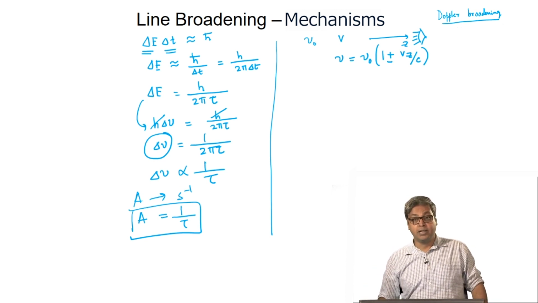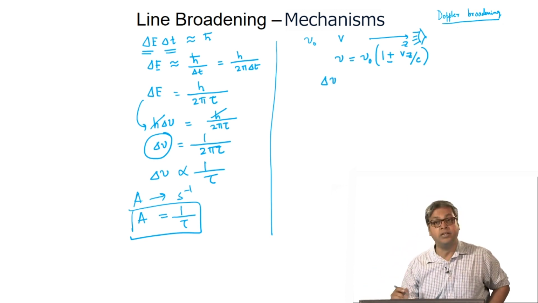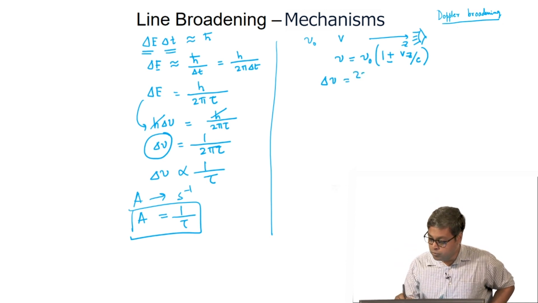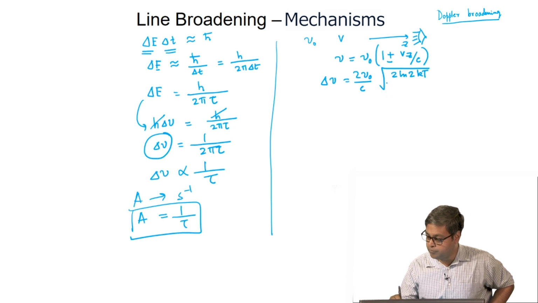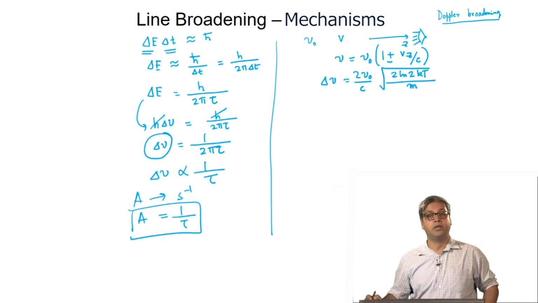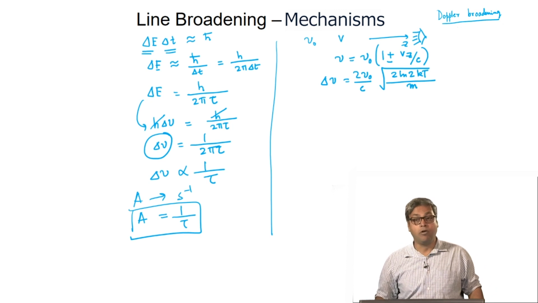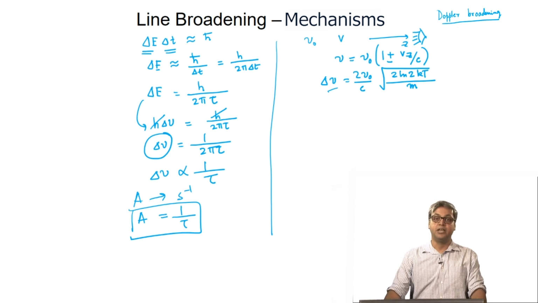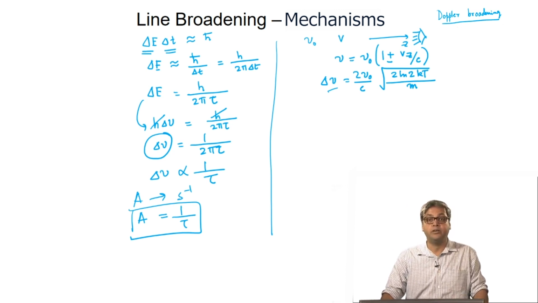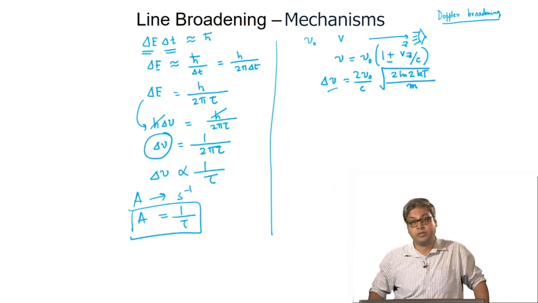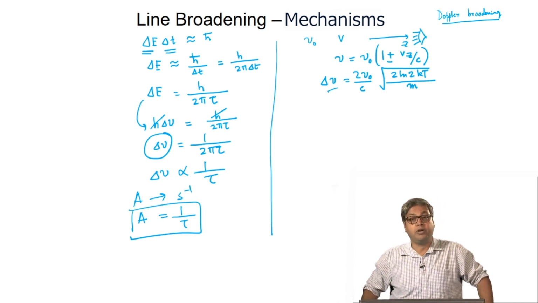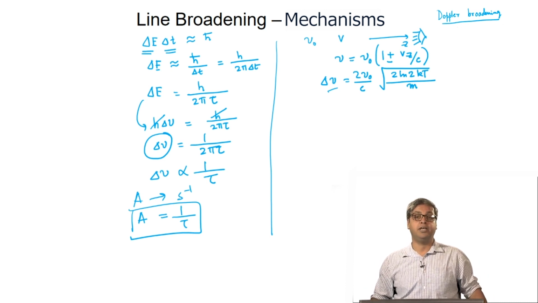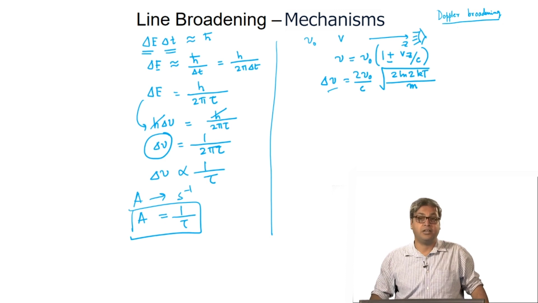It can be shown that the full width half maxima delta nu equals 2 nu 0 by c root over 2 ln 2 k T, where T is the temperature, divided by m. So, we see that delta nu or full width half maxima of the Doppler broadening has an expression similar to what we had obtained for a Gaussian line shape. Thus, Doppler broadening is inhomogeneous broadening and gives rise to a Gaussian line shape.